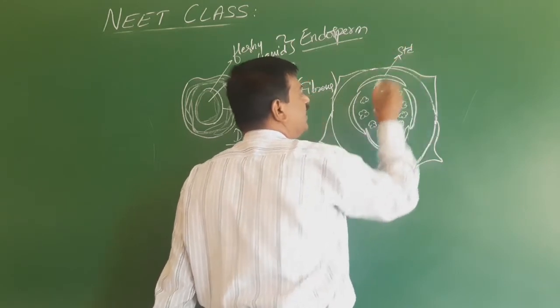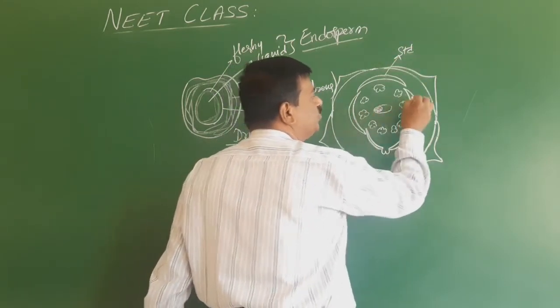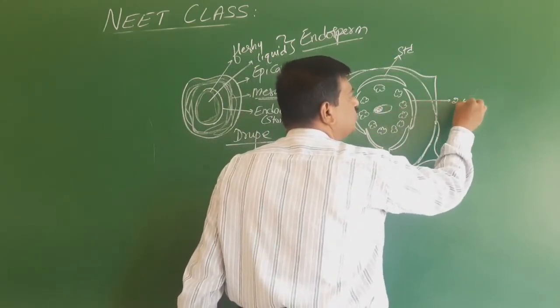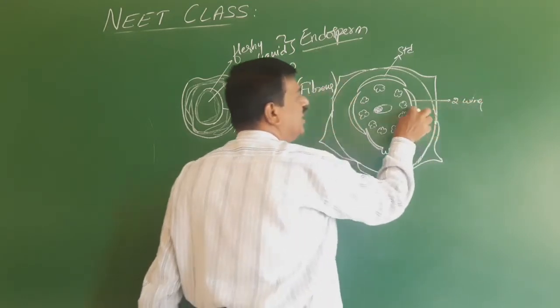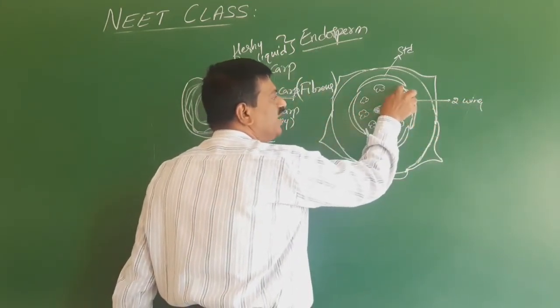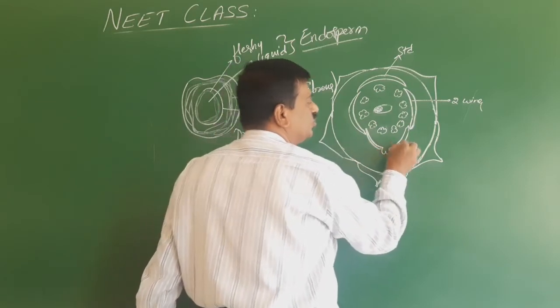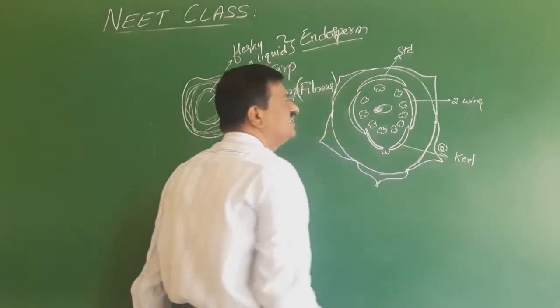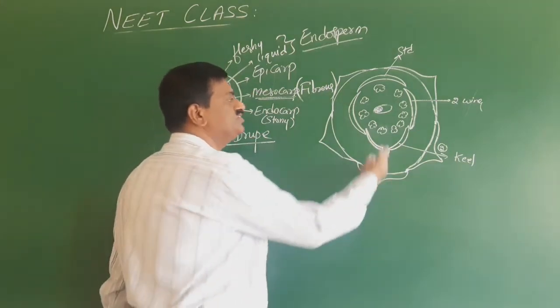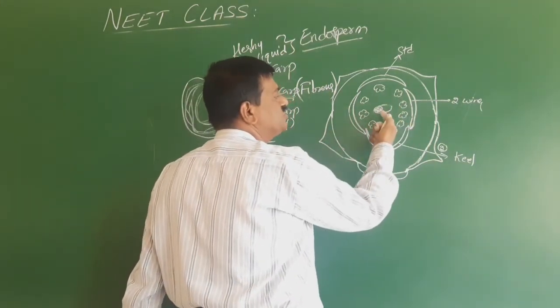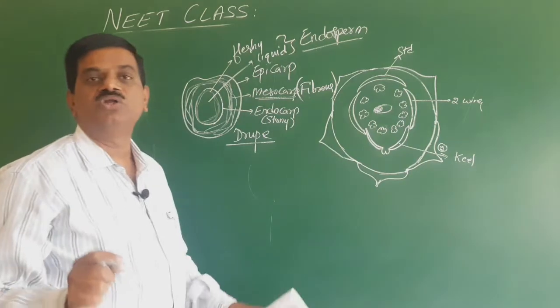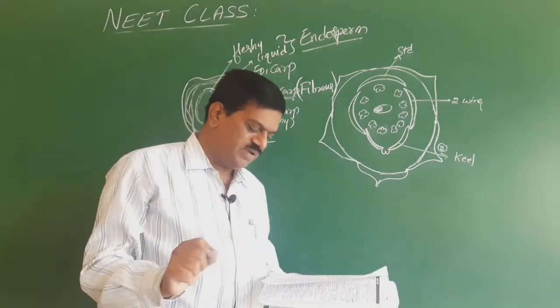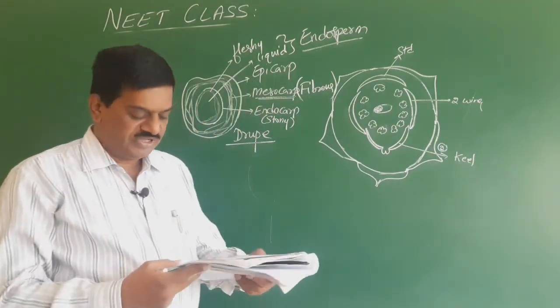These two petals are called wing petals, one edge in, one edge out, and the remaining two petals are fused and called keel petals. There are 10 stamens, and it is monocarpellary. So this type of floral diagram can be noticed in.